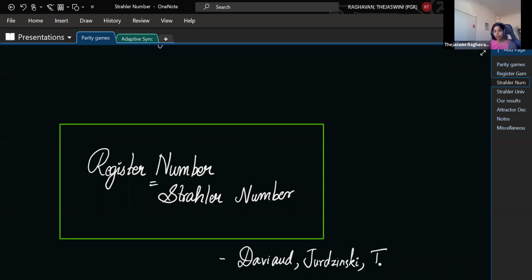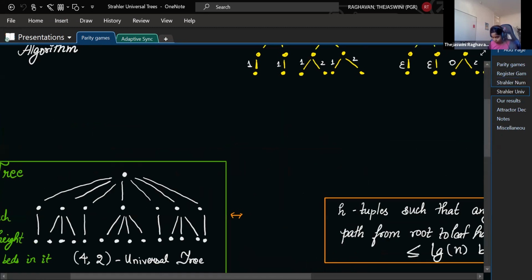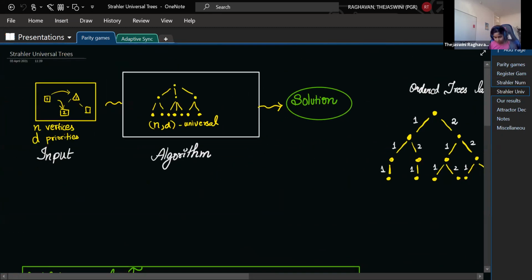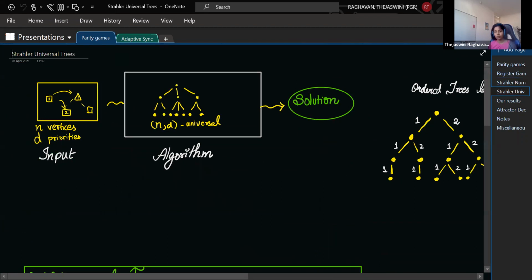But this gave a way, because now, if you remember, there was this picture which said most quasi-polynomial time algorithms look like they had a universal tree in it, and it is now true that a faster implementation of Lehtinen's algorithm in fact also would have a universal tree in it, because the k value that she inputted was in fact log n plus 1, because it is the Strahler number of a tree with n vertices, which can be at most log n.